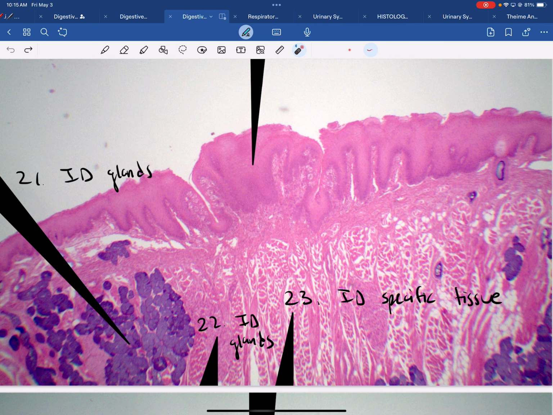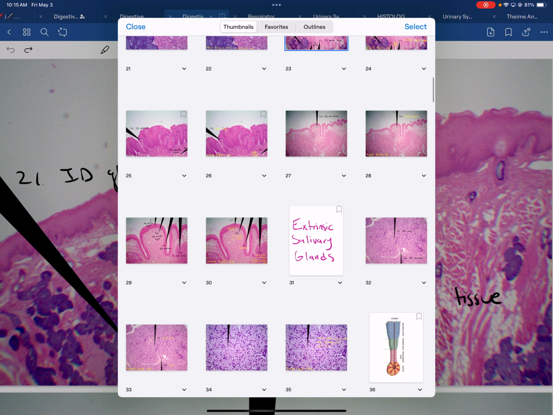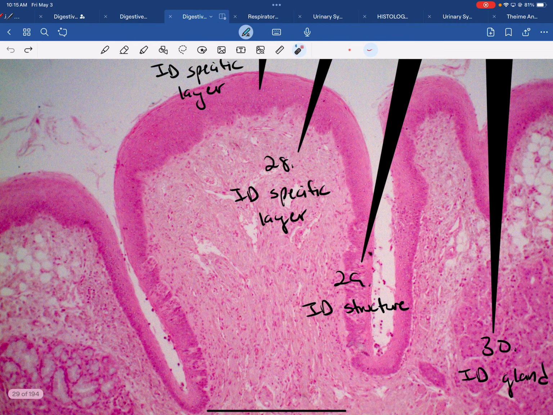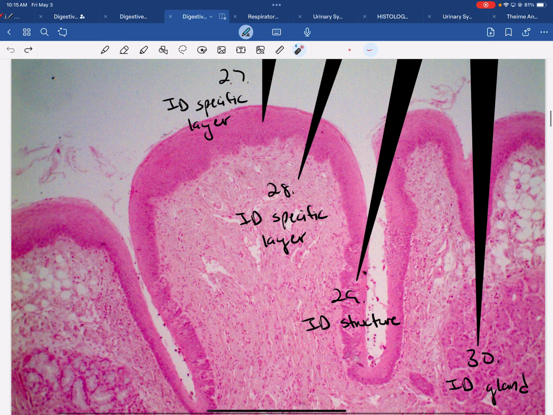All right, what kind of tissue is this? Good, skeletal muscle tissue. Good. All right, which structure is this? It'd be a fungiform.